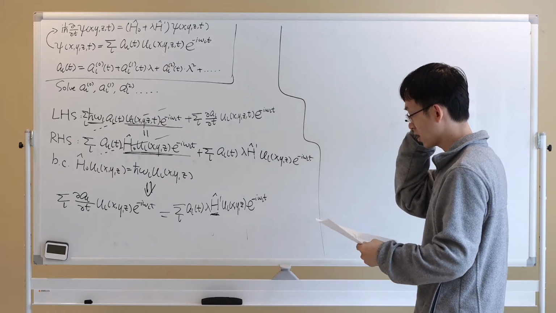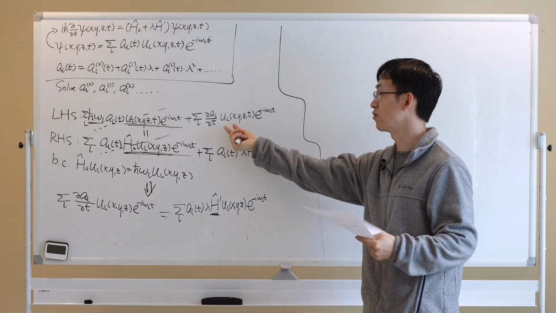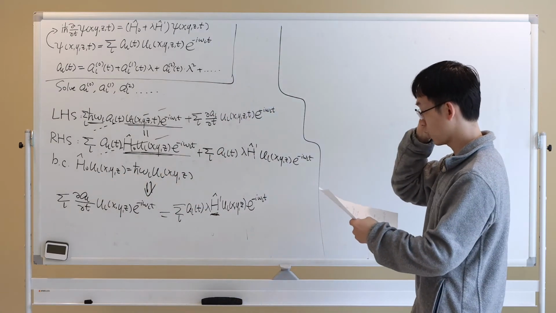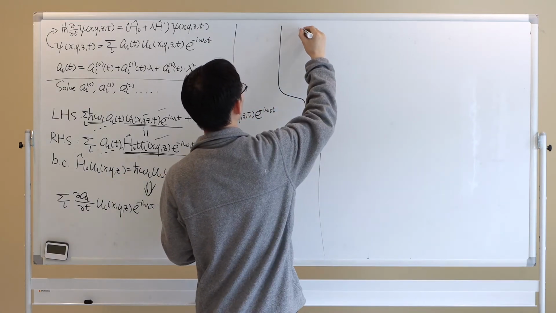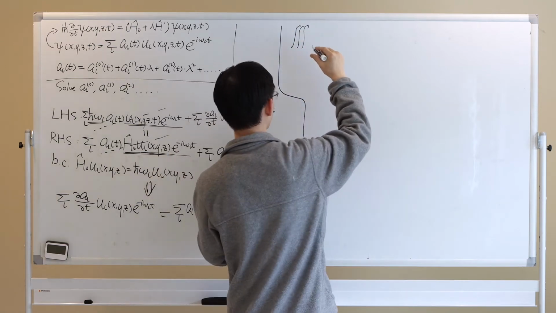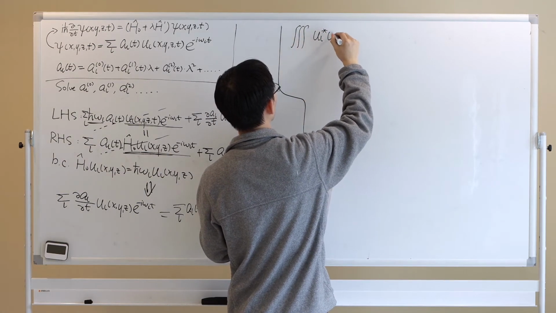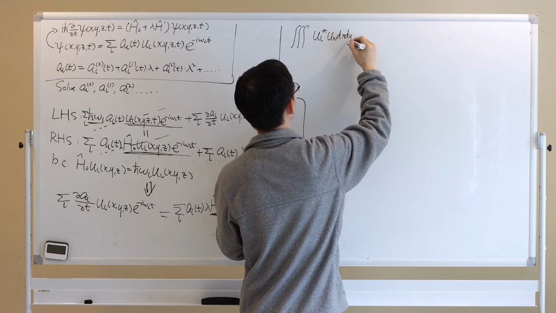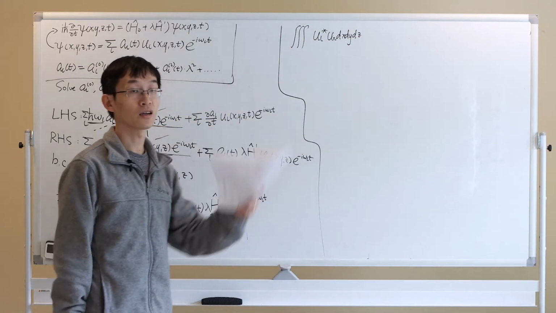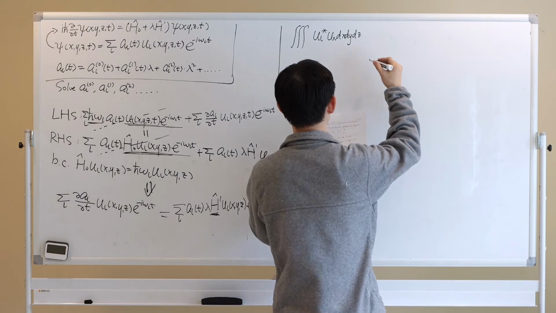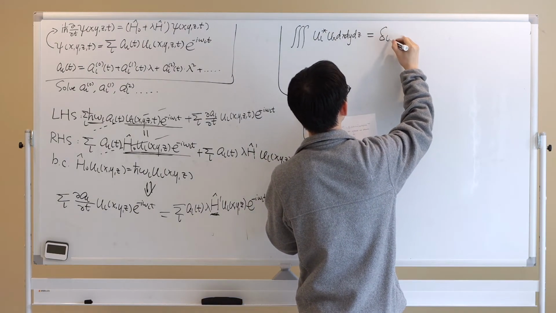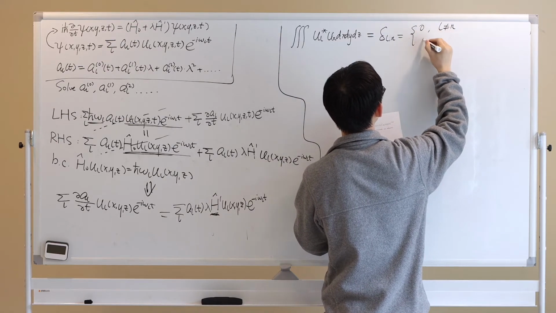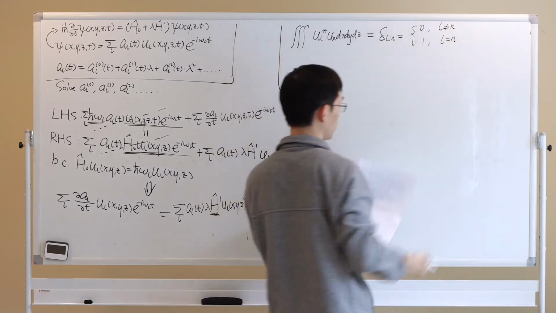So if you normalize U_L very well, then what you find is what is called the orthonormal condition: if you multiply two eigenstates, U_L and U_N, and do the integration, this will become a delta function delta_LN, which means it's 0 when L is not equal to N, and 1 when L equals N.